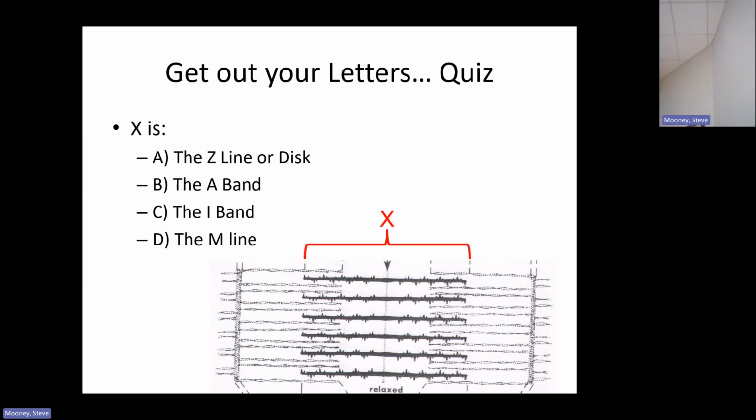What is that, as part of our sarcomere? Same choices.